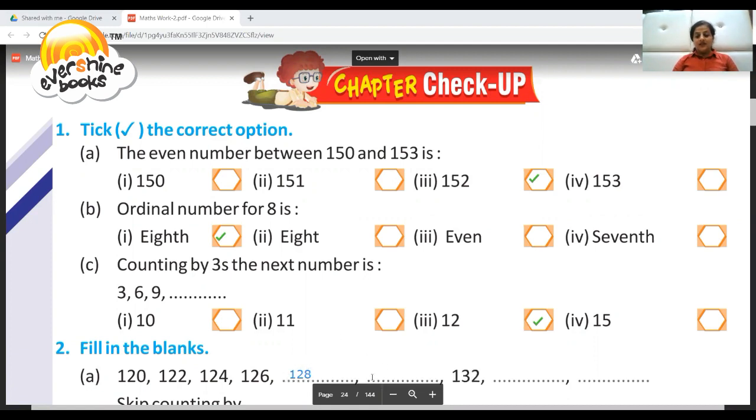Next is 128, 129 leave, and write here 130. 131 is left and 132 is written. Now we are going to leave 133 and we are going to write here 134. Yes, 135 leave and 136 is the answer. Yes, we come to know how we are going to do skip counting also with 2.